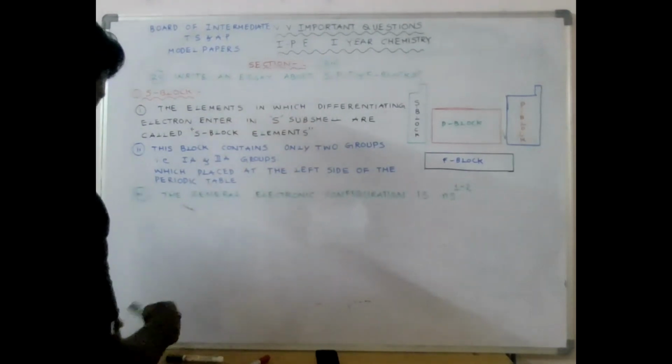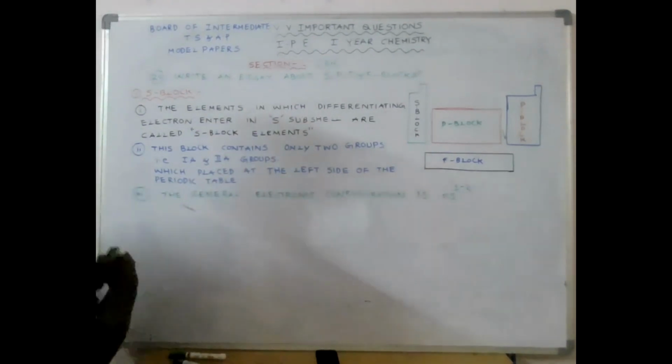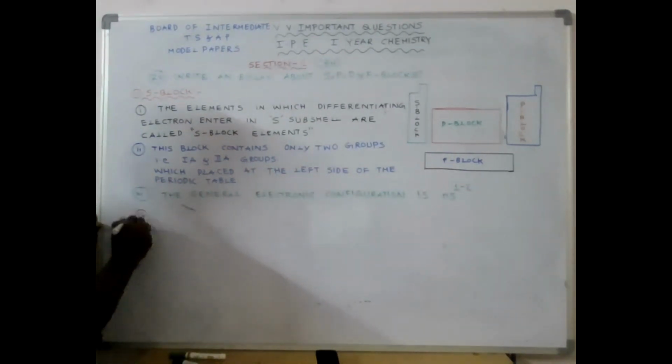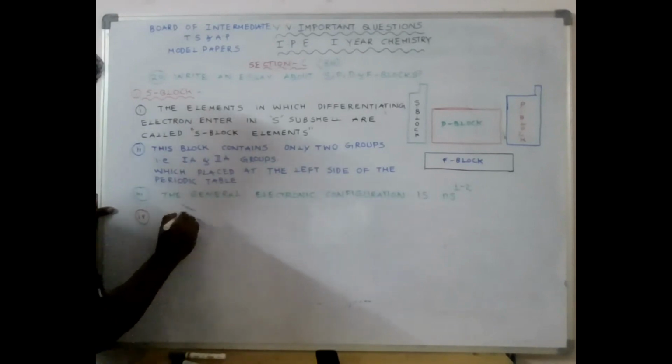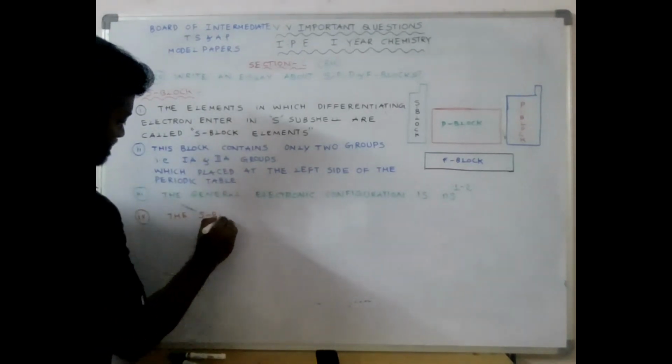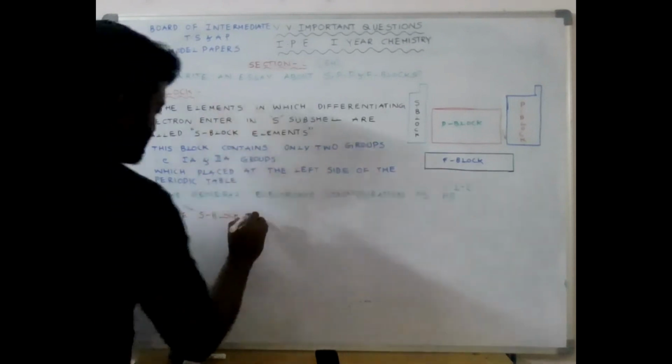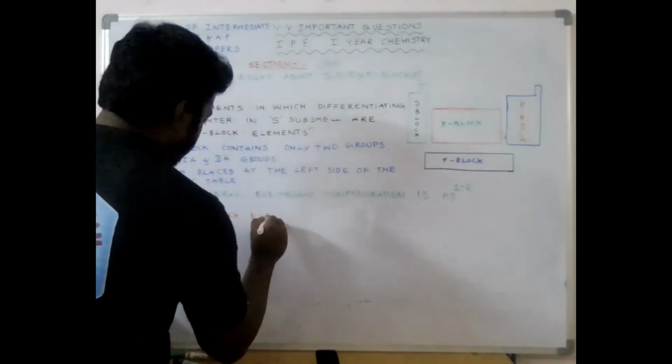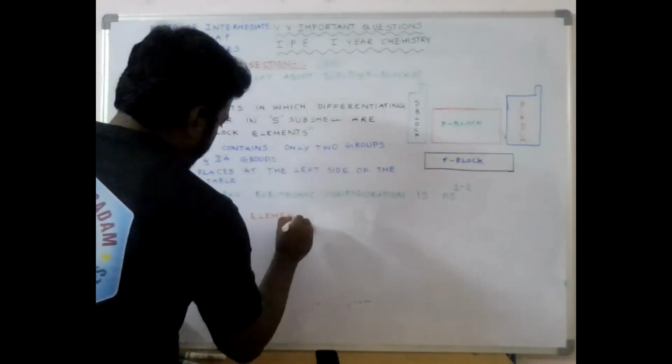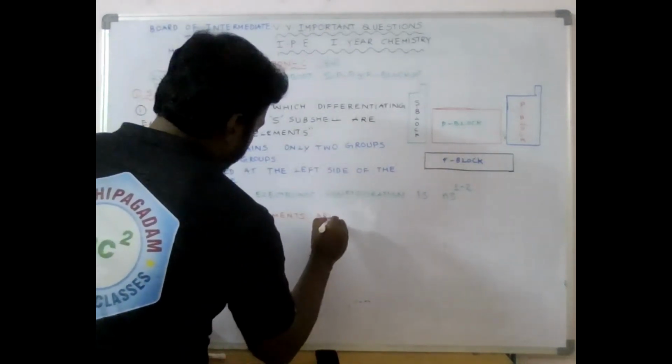Okay. And finally, the fourth point, you can write that the S block elements are metals, right? All of them are metals.